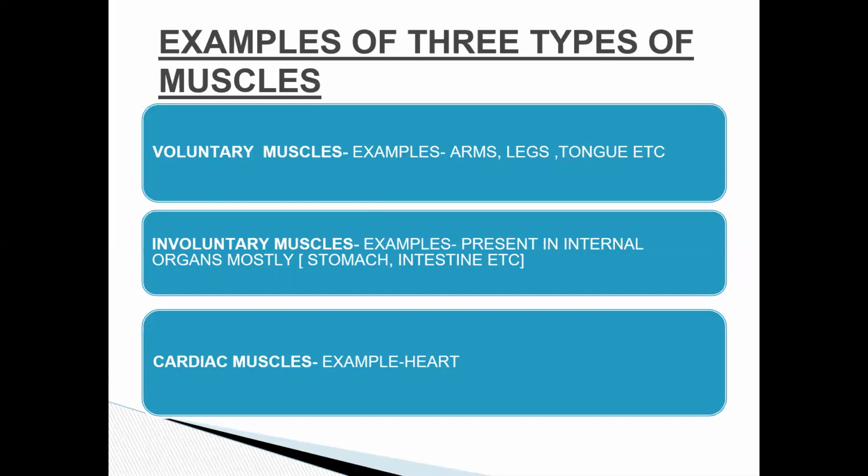They keep working by themselves. They don't need our instructions. They work on their own. And third is cardiac muscle. They are present in the heart. It is also an example of involuntary muscle because heart muscles are working day and night throughout life.